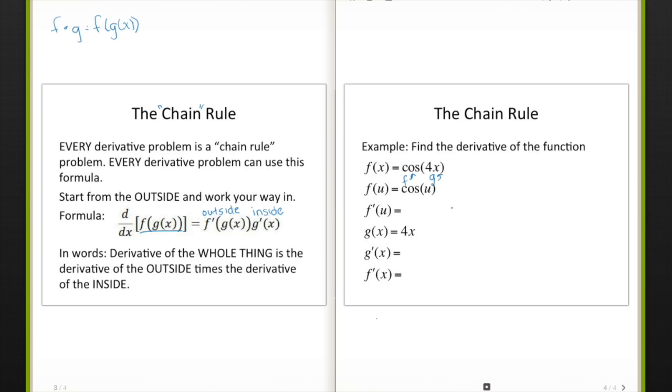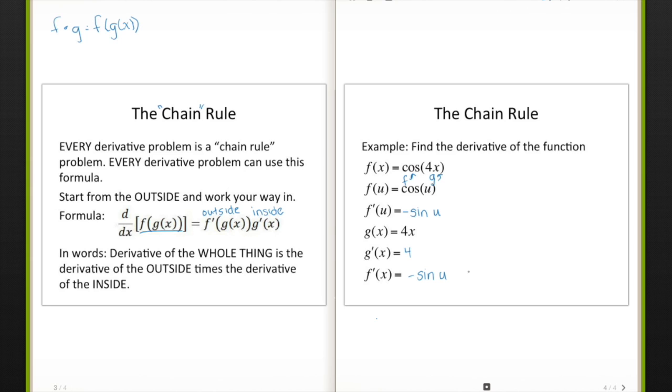If we're going to take the cosine of something and then take the derivative, that would be negative sine of something. In our case, the something is 4x. So we also need to take the derivative of 4x, which is just 4.